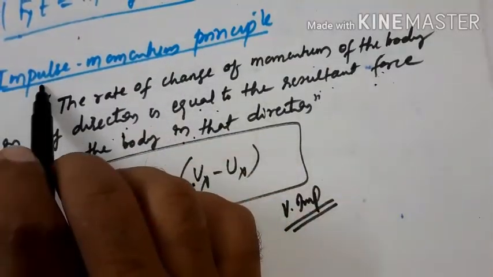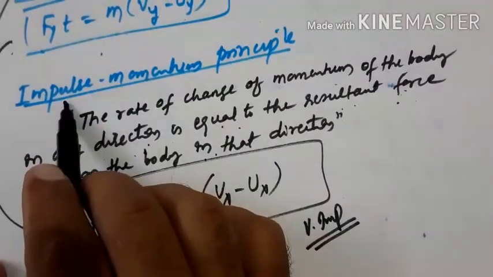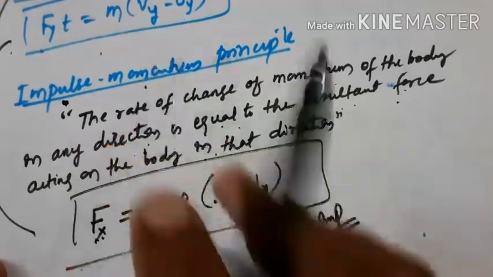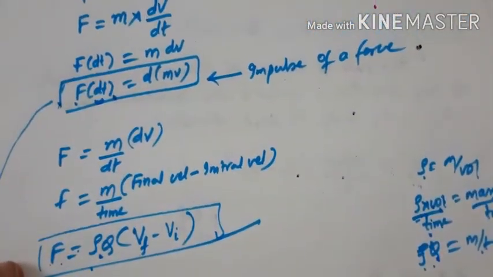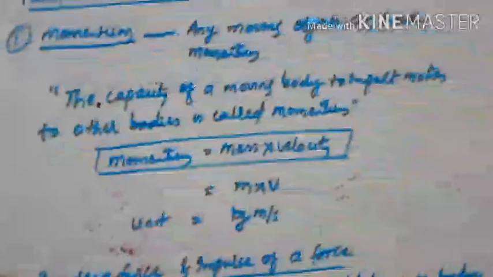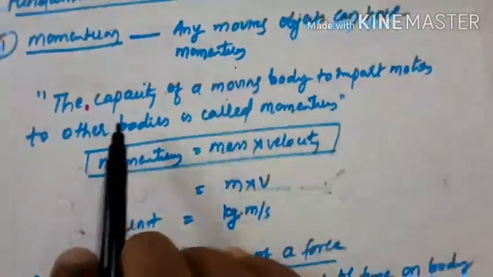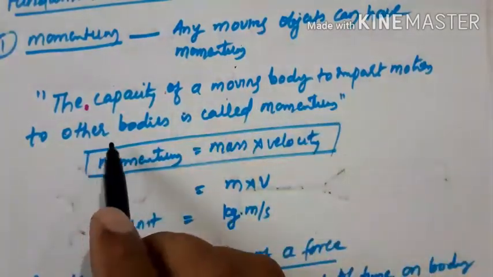Here impulse means a force which is acting in a very short interval of time. That is impulsive force. Any moving object can have a momentum. The capacity of a moving body to impart a motion to other bodies is called momentum.